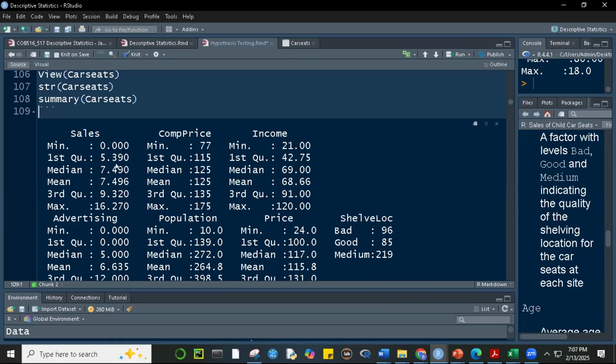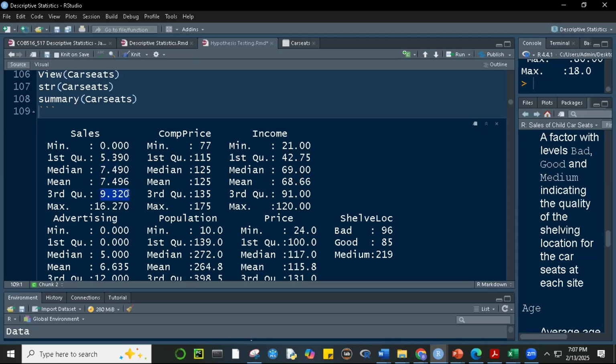The quartile simply means, for example, the first quartile is the same as the 25th percentile. It means that 25% of your data is below this amount of sales, 5.39. The median, which is your 50th percentile, means that 50% of your data is below 7.49 thousand sales.